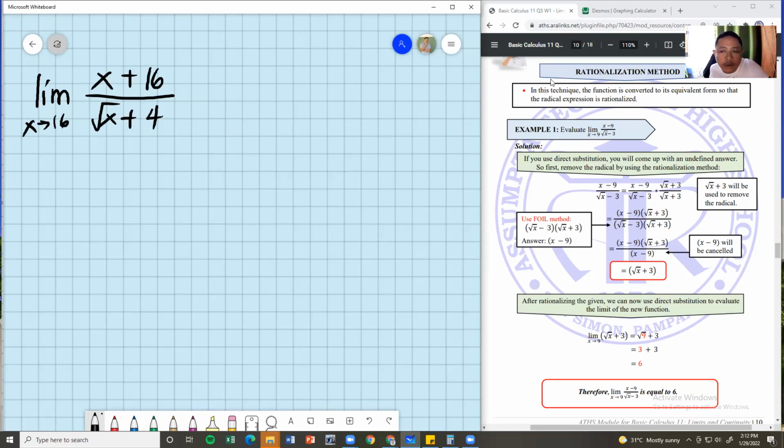Go. Try it. When you're done, type your answer in the chat box.